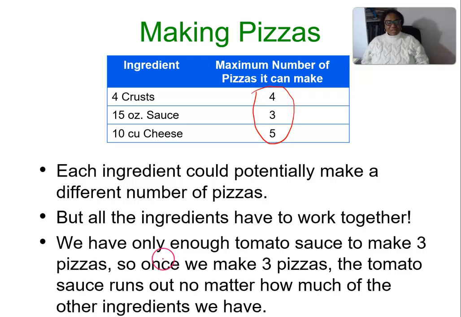We have only enough tomato sauce to make 3 pizza. So once we make 3 pizza, the tomato sauce runs out. No matter how much of the other reagents we have, we cannot make any other pizza because all the ingredients need to work together. So we can make only 3 pizzas.